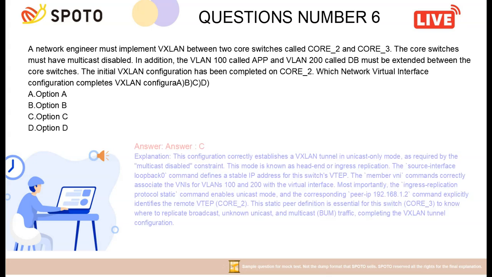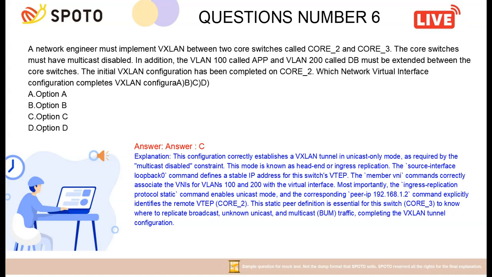Answer, C. This configuration correctly establishes a VXLAN tunnel in unicast-only mode, as required by the multicast-disabled constraint. This mode is known as headend or ingress replication. The source-interface loopback 0 command defines a stable IP address for this switch's VTEP. The member vni commands correctly associate the VNIs for VLANs 100 and 200 with the virtual interface.